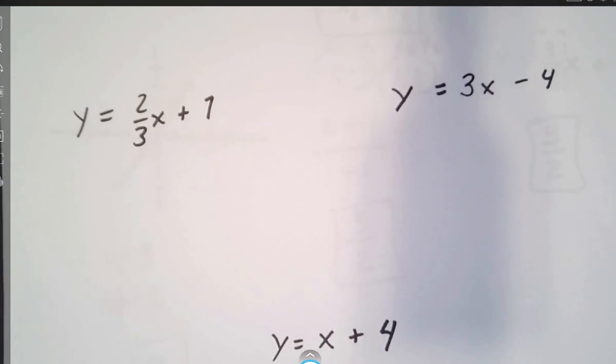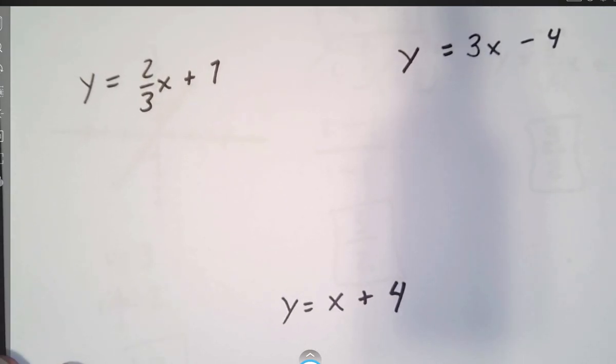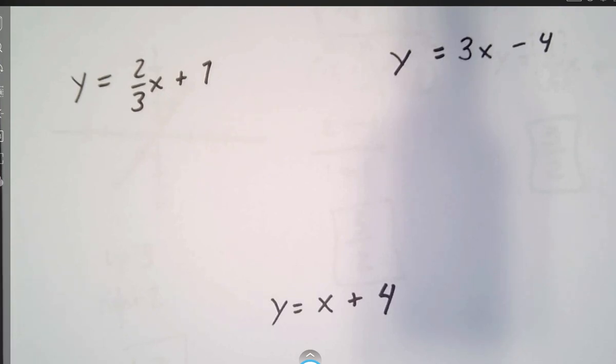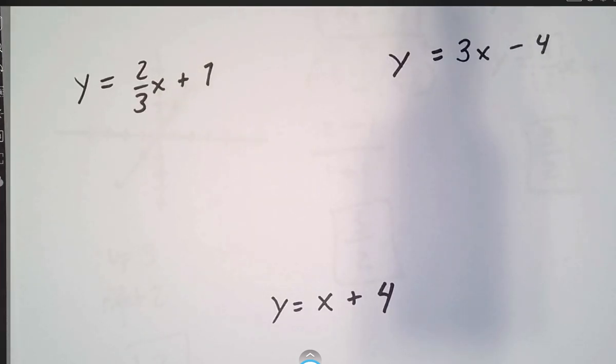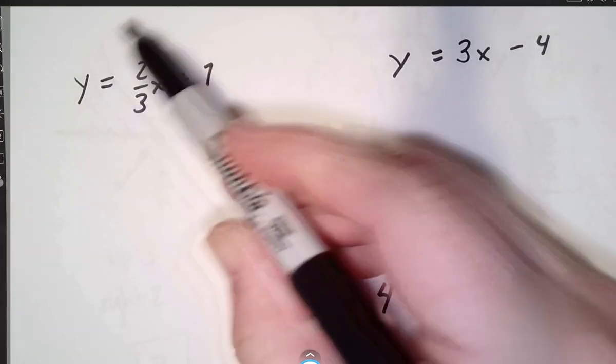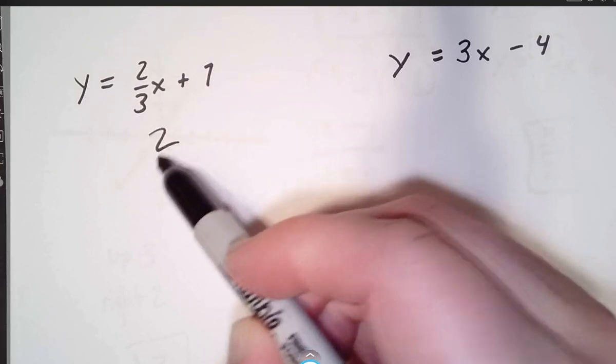All right. Now to just the equations. So in the equations, as long as y is by itself, and on all of ours, y is by itself, the slope is just the number that is with x. So if I look at my first one, what number is with x? It's just 2 over 3.